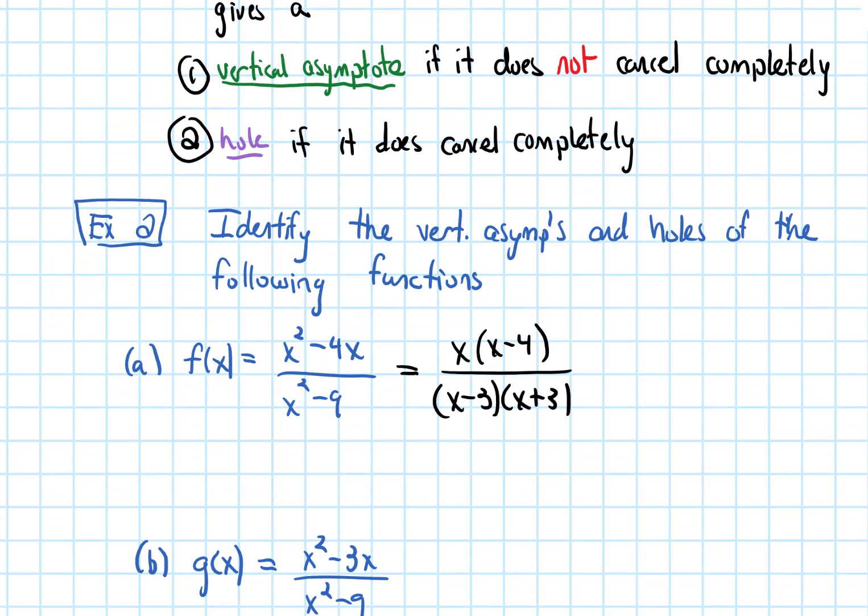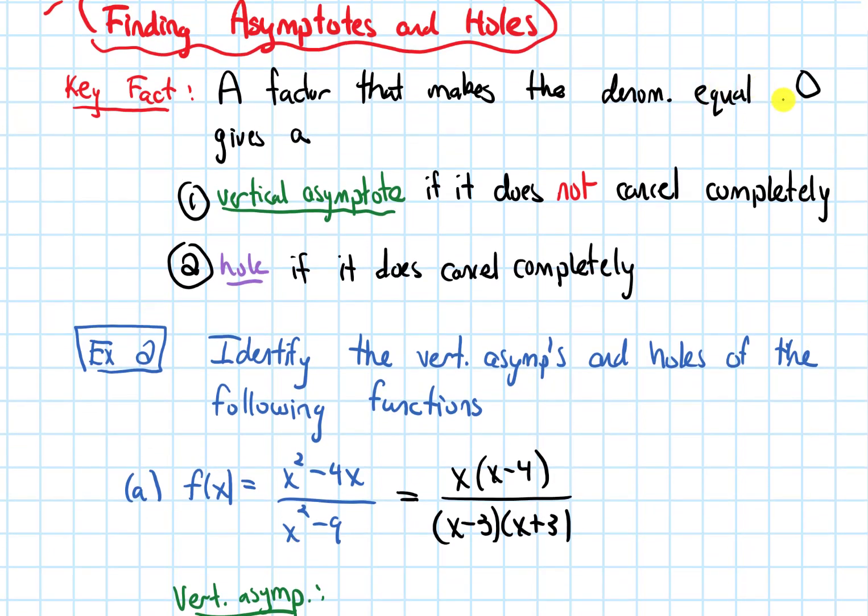So if I look at my key fact, when there's a factor on the bottom, like x minus 3 or x plus 3, that does not cancel completely away, it's going to give me a vertical asymptote. So we are going to have vertical asymptotes at the values of x that make those factors equal 0.